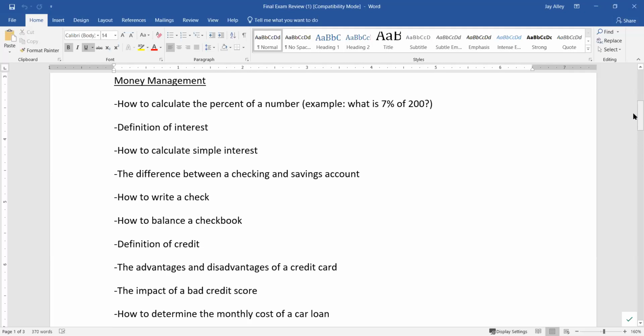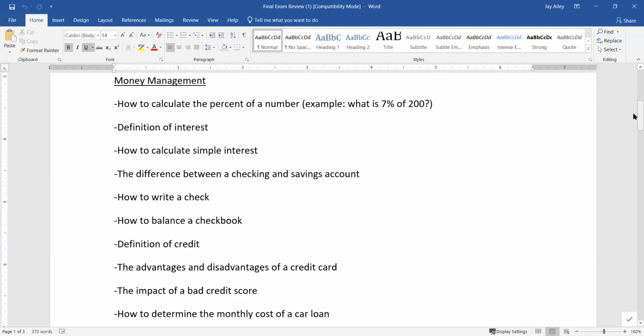Multiply 7 by 200. Okay, what do you get? 14. Yeah, it's 14.